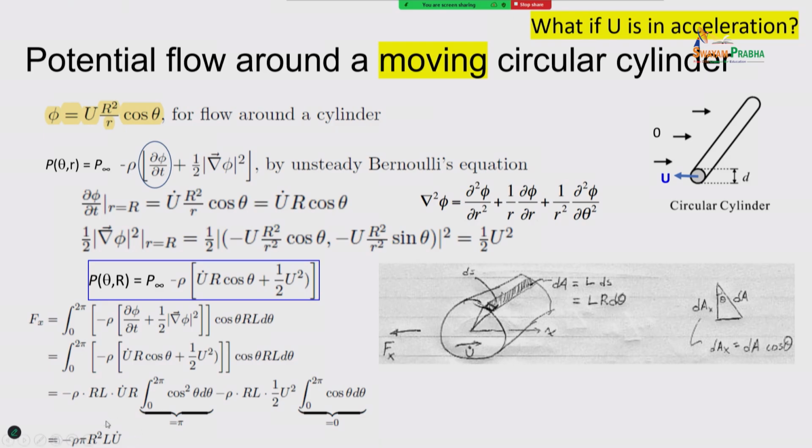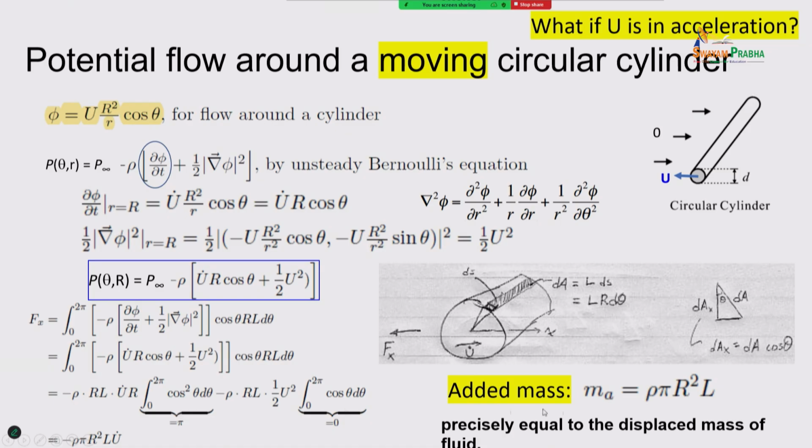The force F_x is not 0 anymore. So how large is this force? This force is proportional to rho, which is water density, and pi r squared times this length.